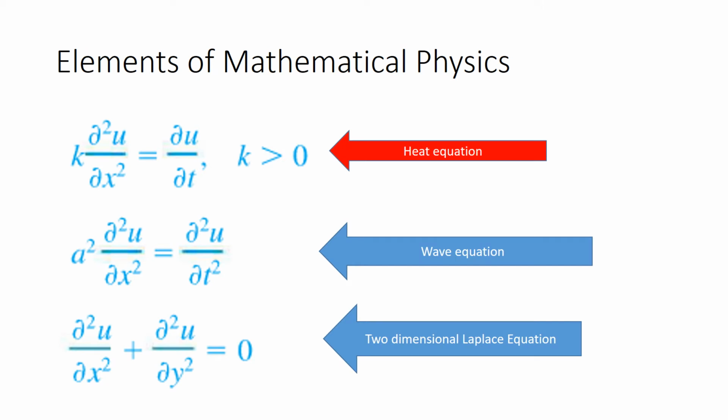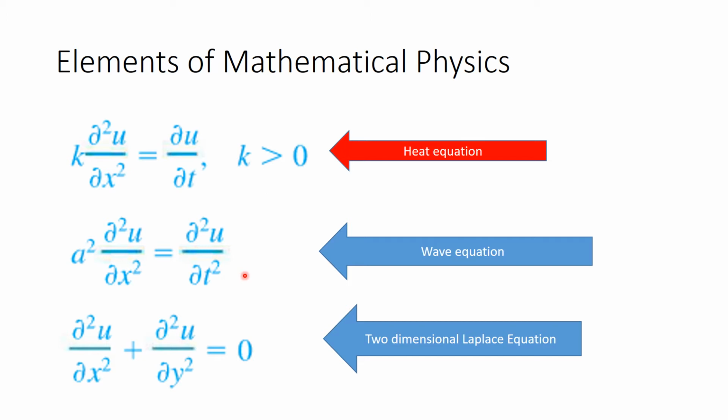So we'll back off for a moment, and when people study mathematical physics, they study fundamentally three equations at the outset. They study the heat equation, which is shown here, and so this is in one dimension of the form, k a constant, the second partial of u with respect to x is equal to the first partial of u with respect to t, and k is bigger than 0, and so we're going to derive that and talk more about that.